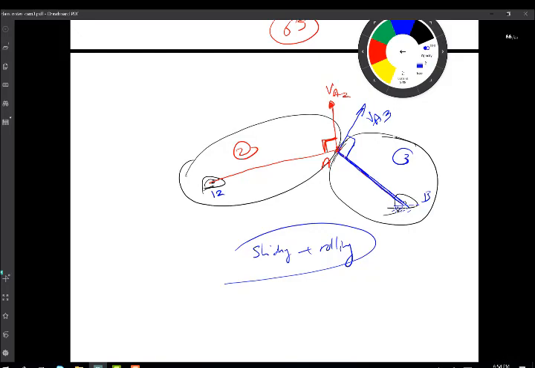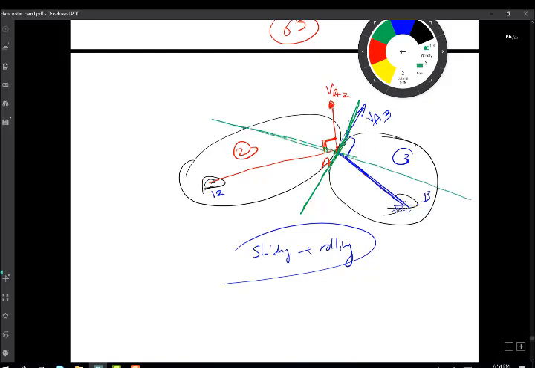So I come to the point where I have the two curves, draw the tangent, right? And then perpendicular to the tangent. And this will give you where the point of common velocity is going to fall.